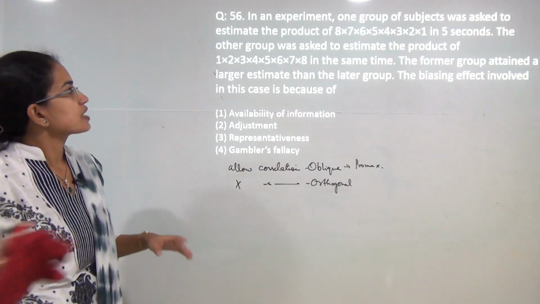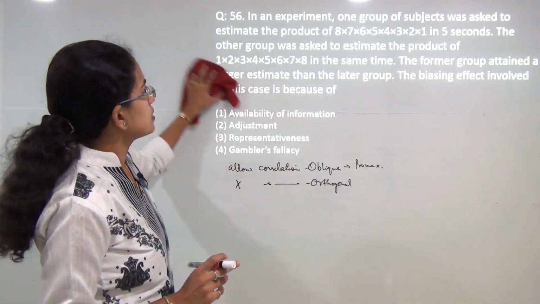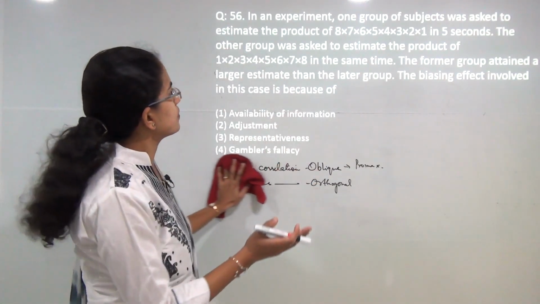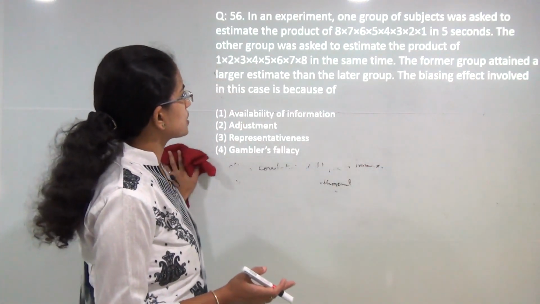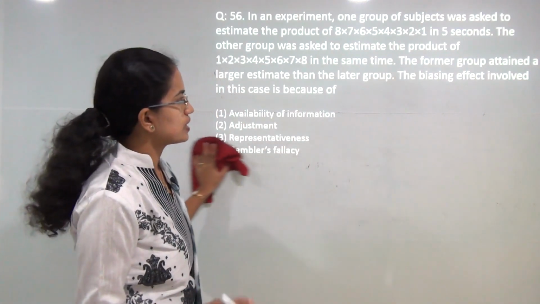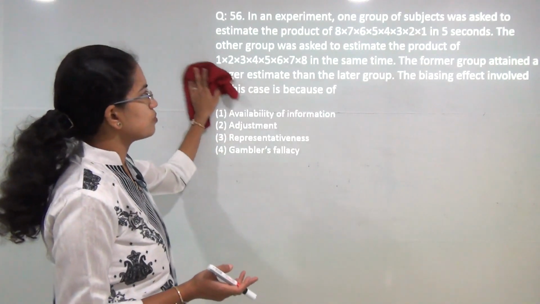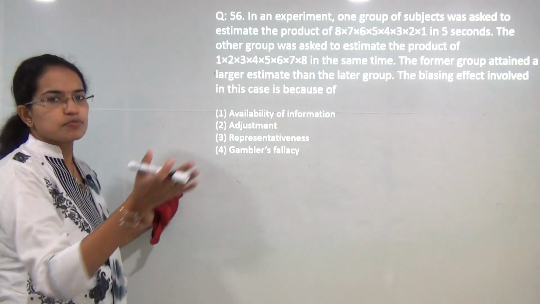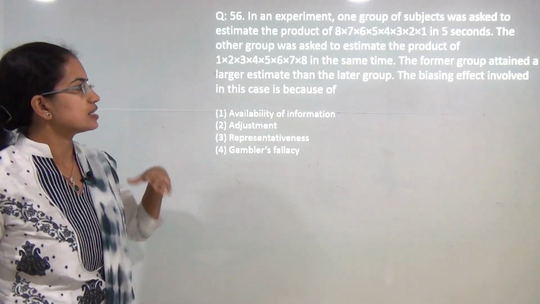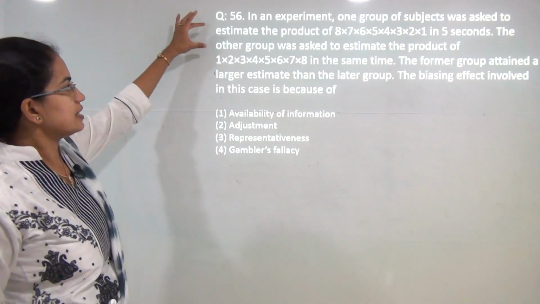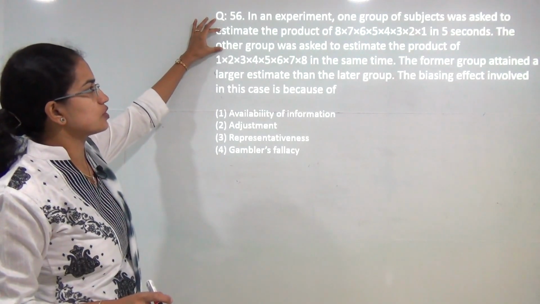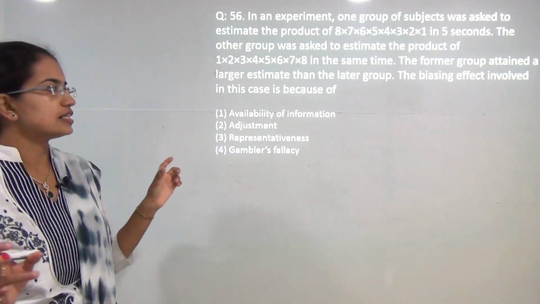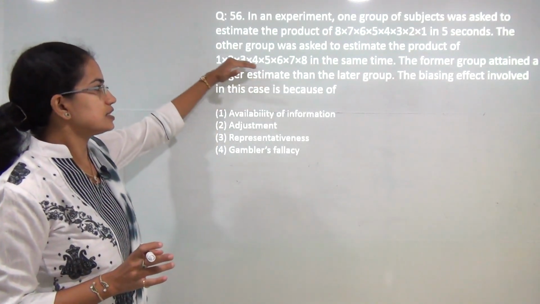Next question. Now in an experiment, the product of the numbers in reverse order, which was much quicker, was calculated in 5 seconds, and the other group was asked to calculate the same multiplication set the other way round, and it was seen that the first group brought about a larger estimate as compared to the second group.